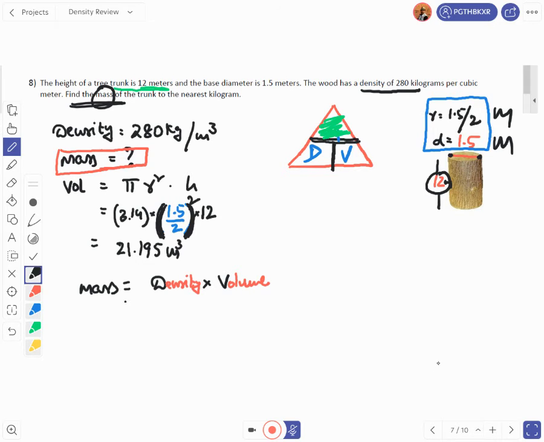Now just plug in these values. Density is 280, and volume is 21.195. You may take just two decimal places. So let me grab my calculator. 280 multiplied by 21.195 is giving me 5934.6.